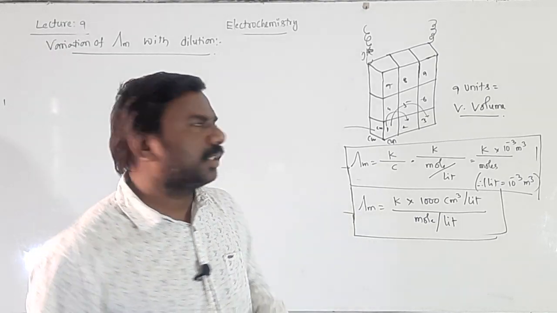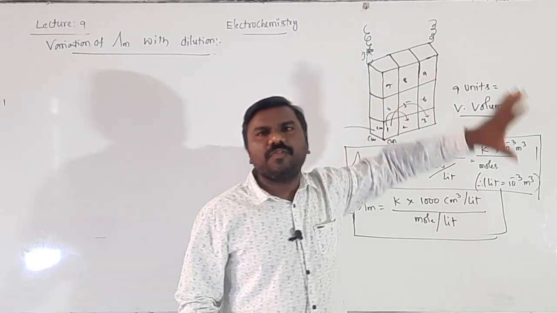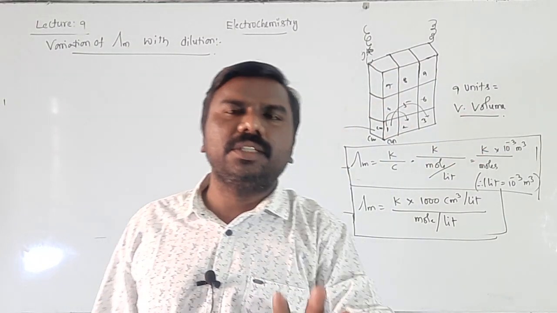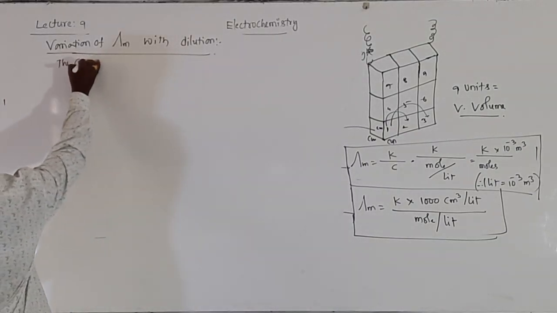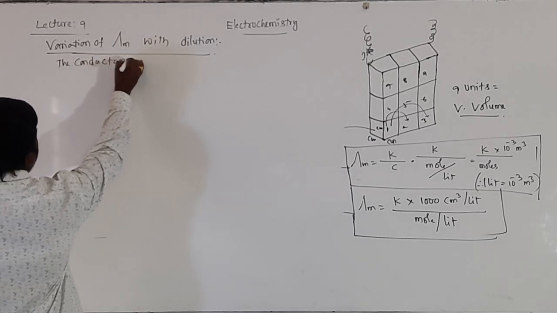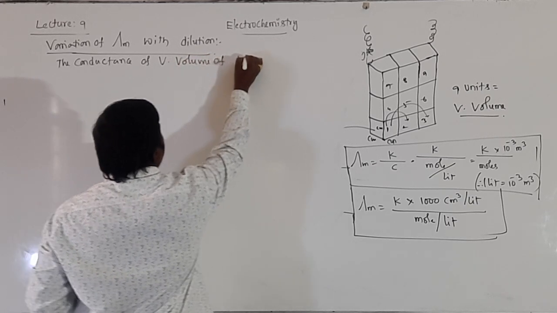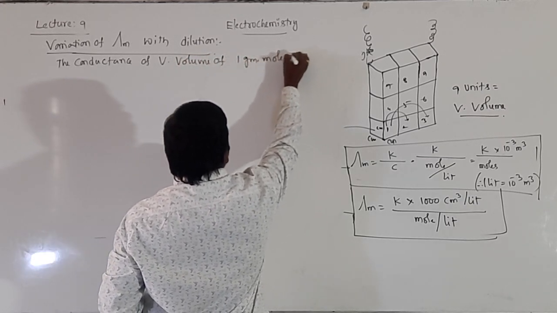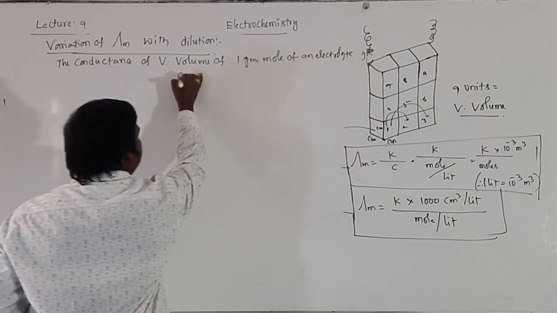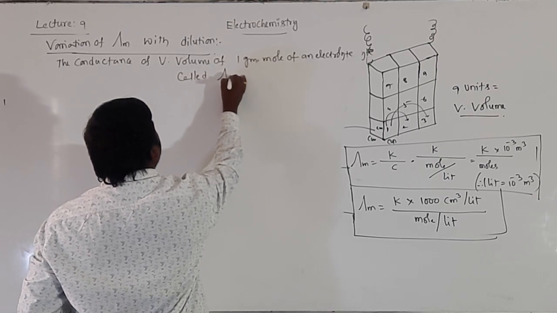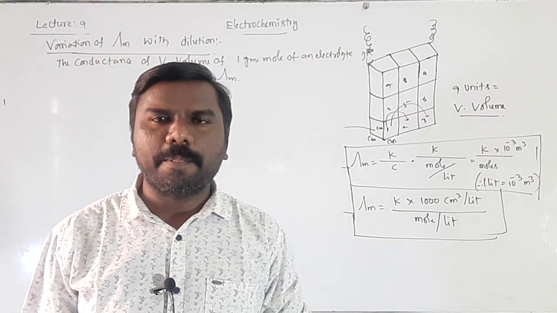Molar conductance definition: the conductance of V volume, total volume, of 1 gram mole of an electrolyte is called molar conductance, lambda m, Greek lambda m.